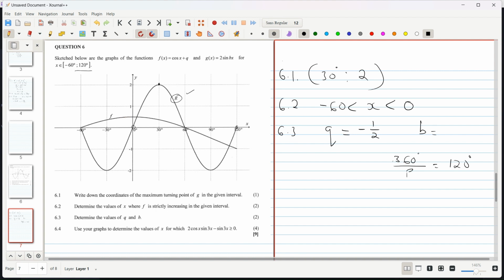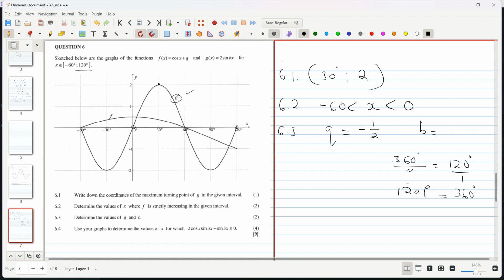So we need to confirm what we need to divide with here. How do we confirm that? We can cross multiply, right? So when we cross multiply, we have 120 b equals 360.